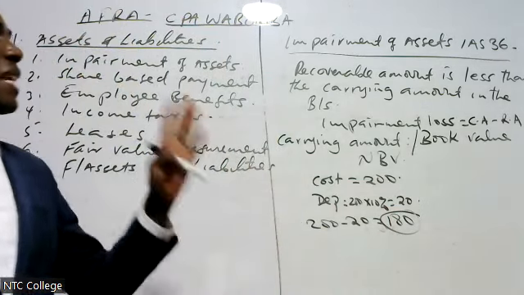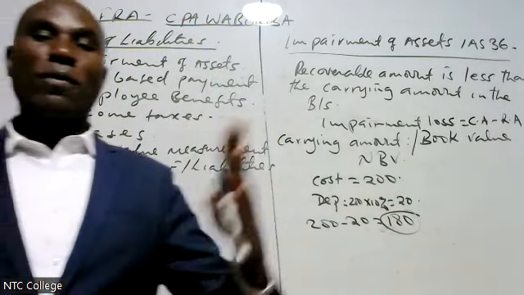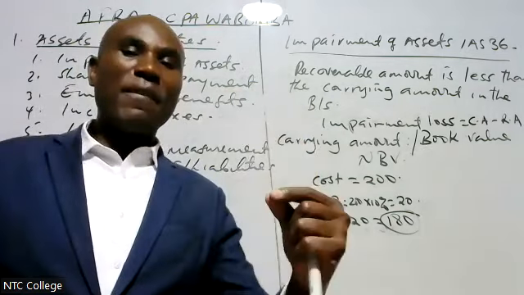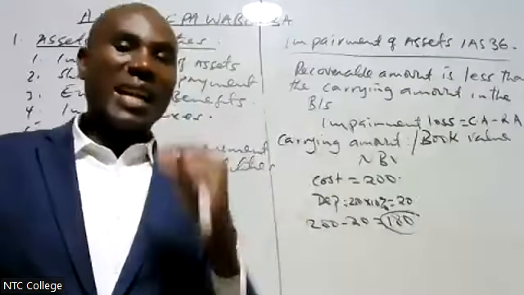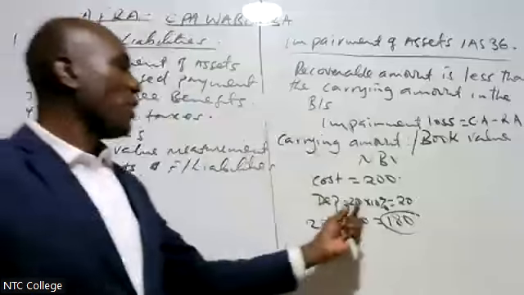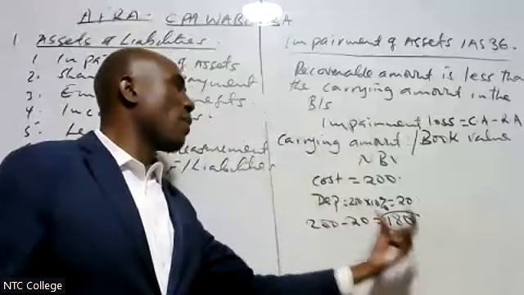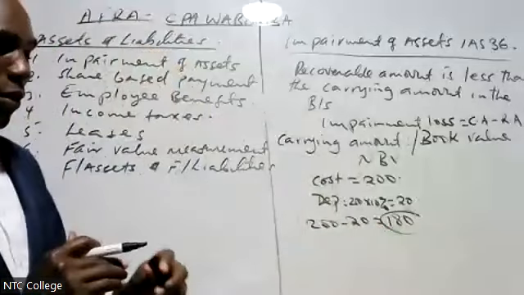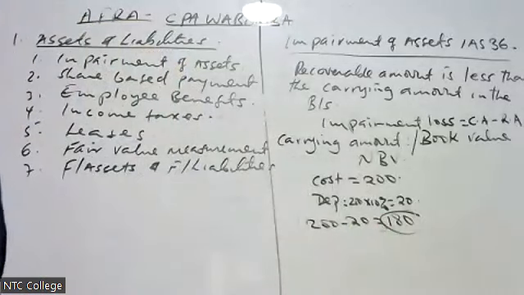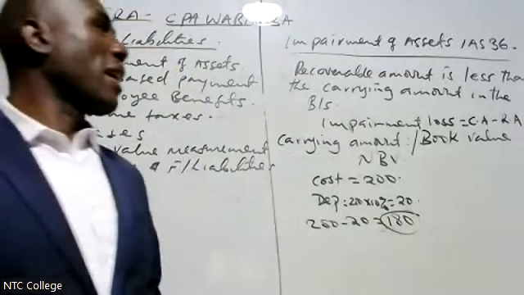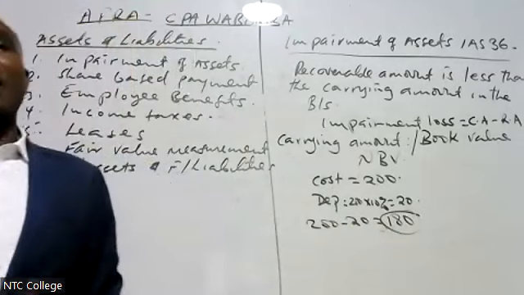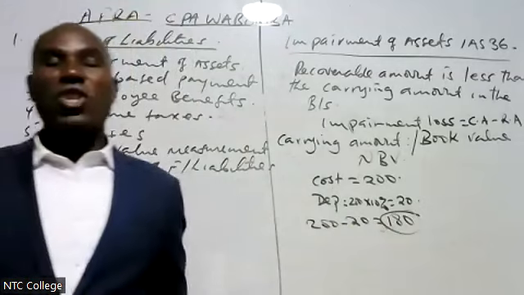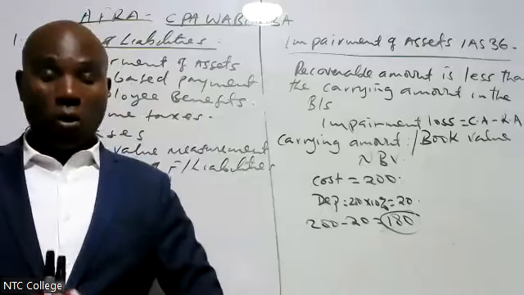Therefore, we are saying that impairment is the loss of value of an asset, so that the recoverable amount is less than the carrying amount, less than the book value. Now I have defined the carrying amount of an asset as the amount that is reported in the balance sheet at the end of the year.